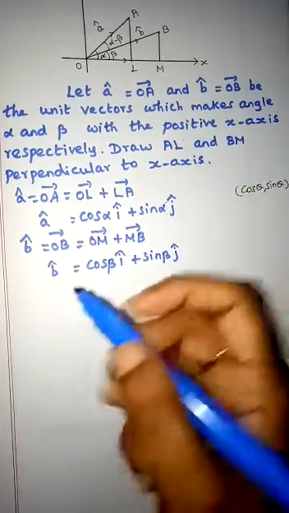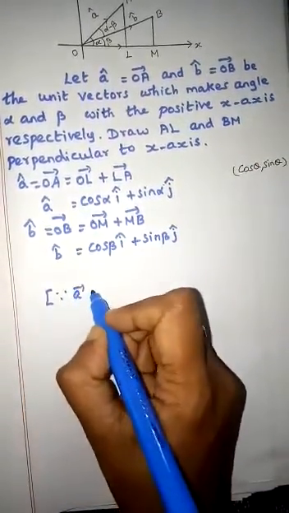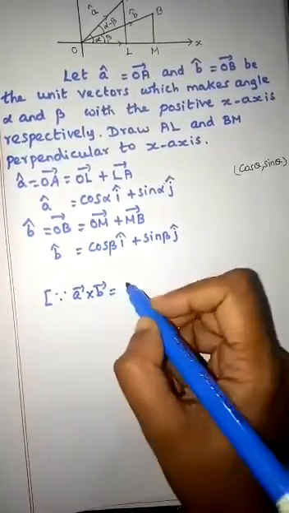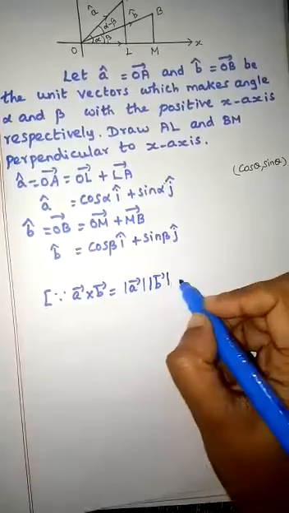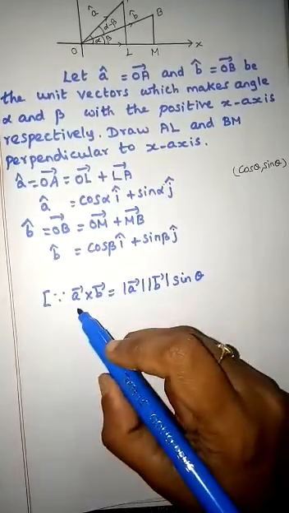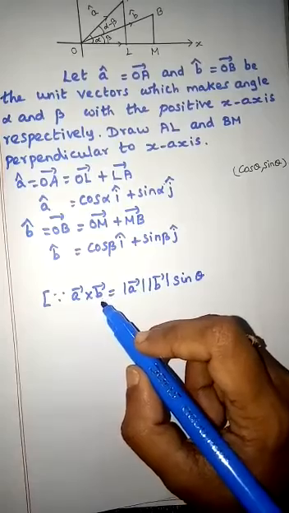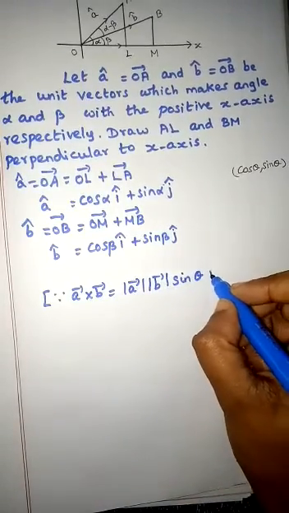So here I am writing the general formula first. A vector cross B vector is equal to modulus of A vector, modulus of B vector, sin theta, where theta is the angle between A vector and B vector, measured in anti-clockwise direction, along with n cap.